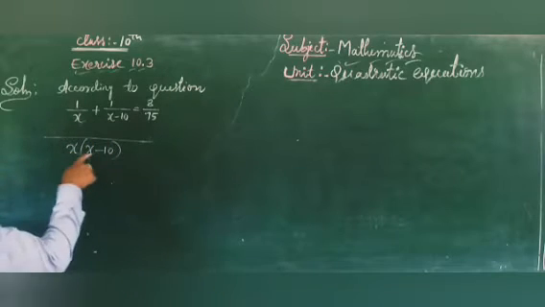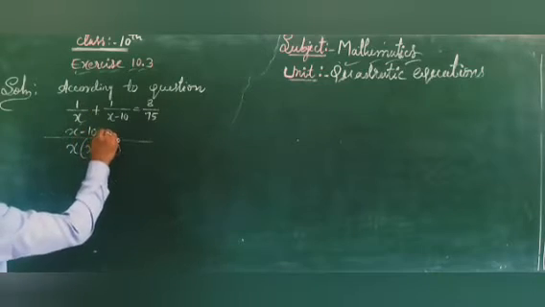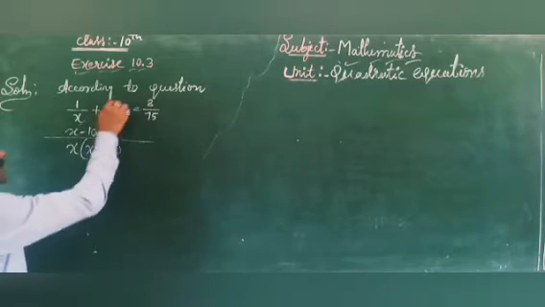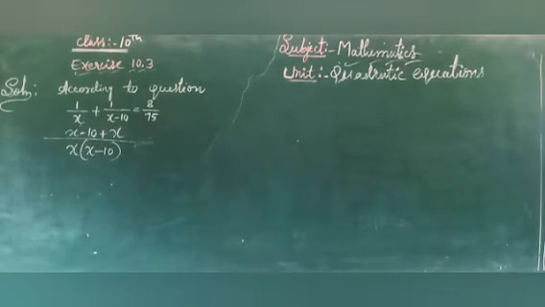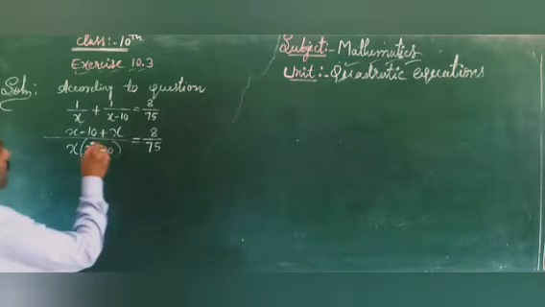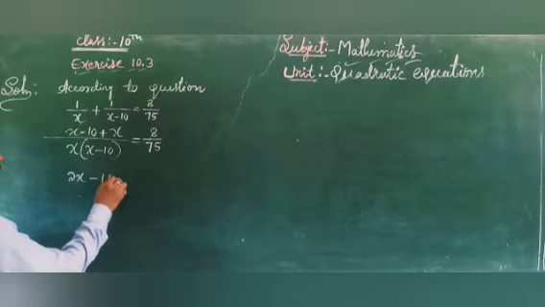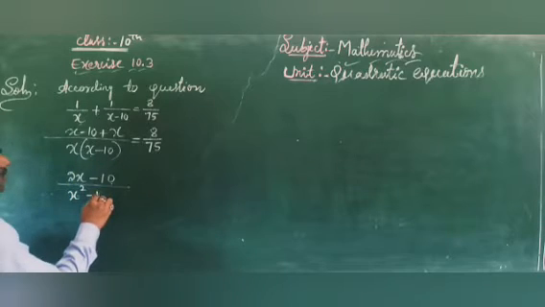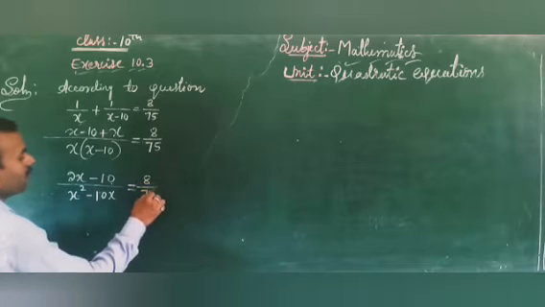So we get x minus 10 plus x over x into x minus 10, which is 2x minus 10 over x square minus 10x, equals 8 by 75.